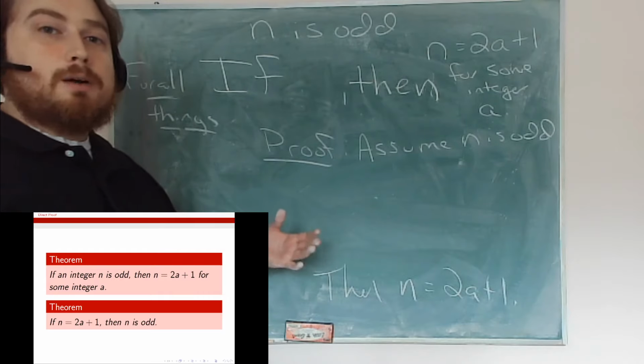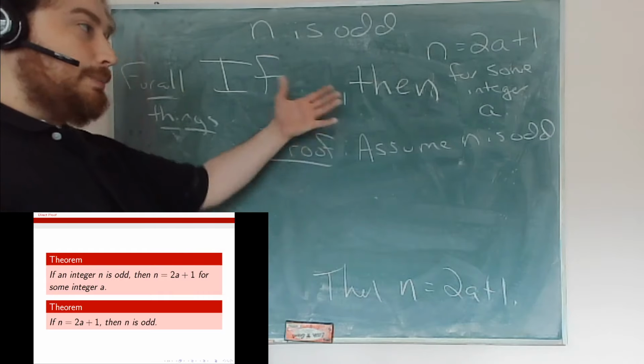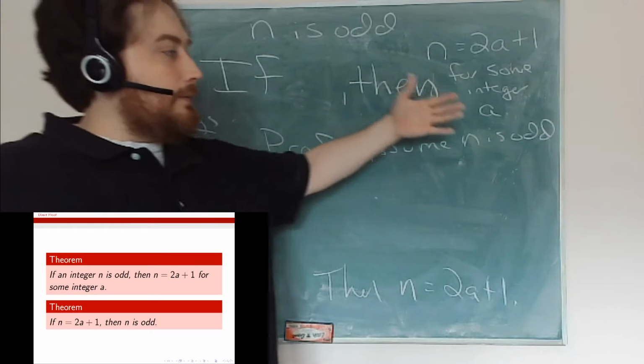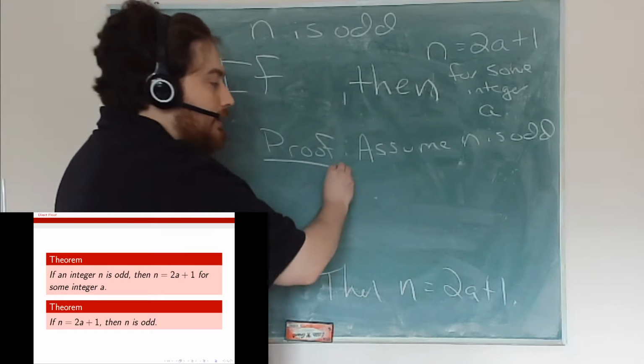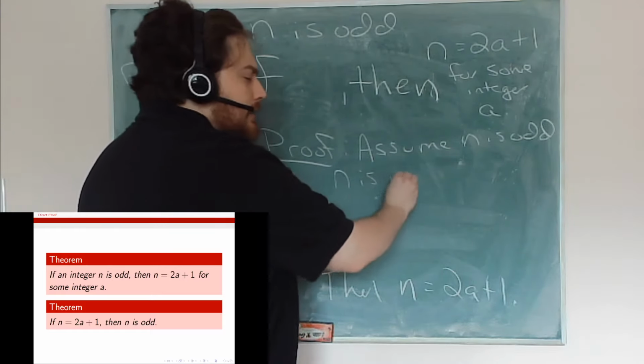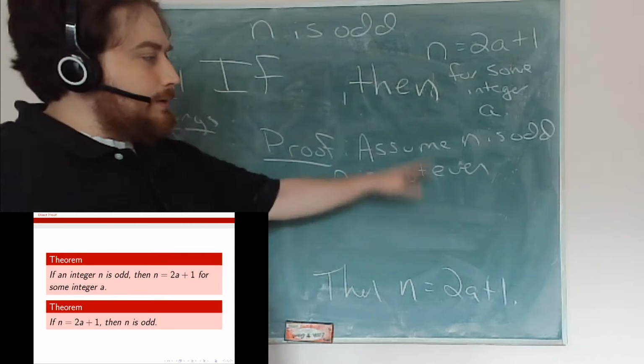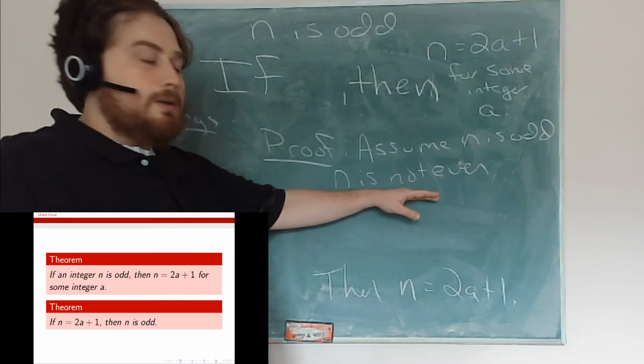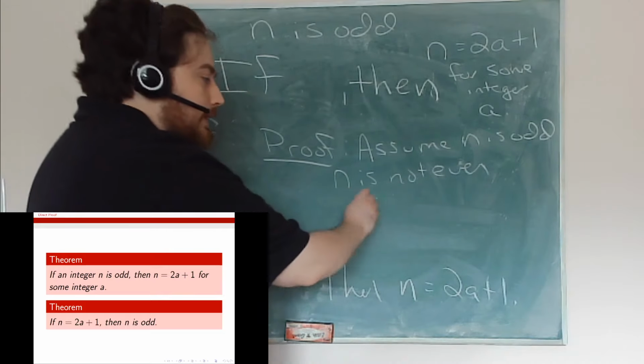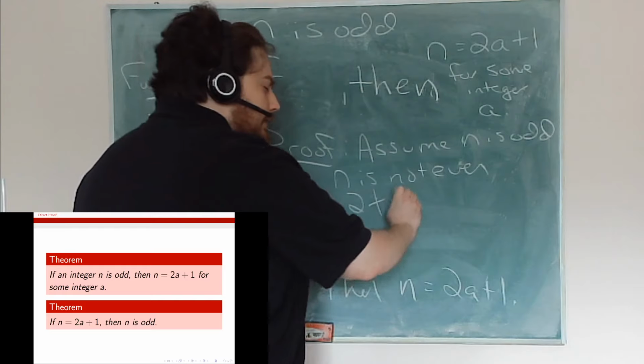But to help us out, we're going to use this process. Let's start off. If n is odd, then n is not even. I'm just going to rewrite the assume part in any way that I know. So it is not even. Therefore, 2 does not divide n.